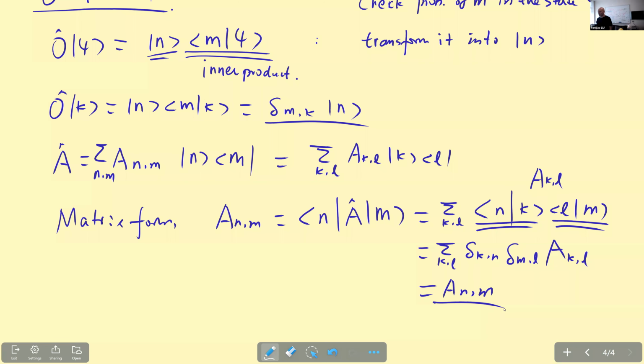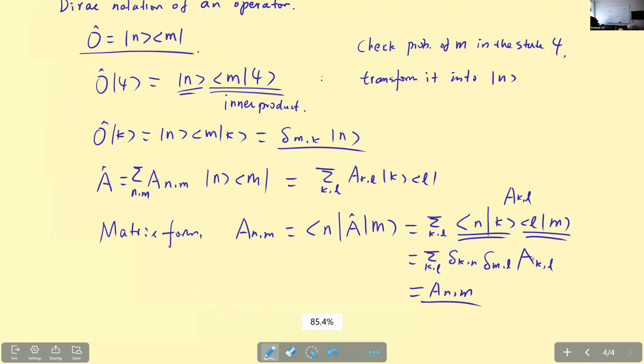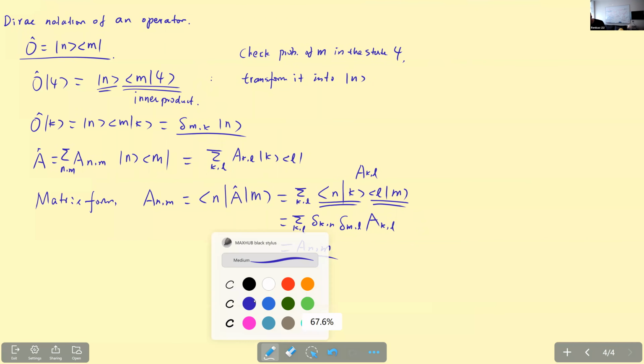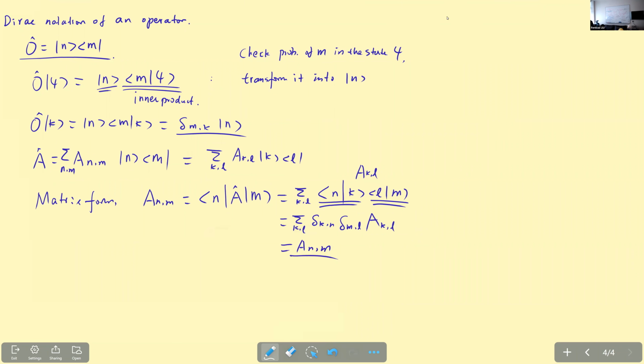Okay. So basically, this means if you have an operator A that has a matrix element A_mm, that equals ⟨ψ_m|A|ψ_m⟩ and equals ⟨m|A|m⟩.